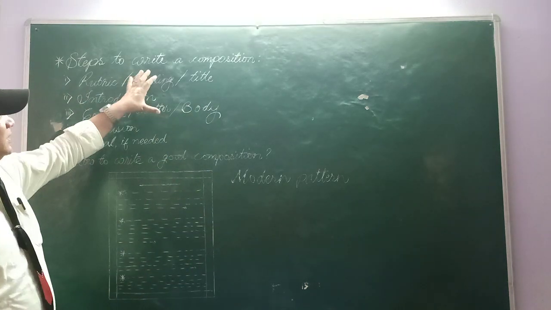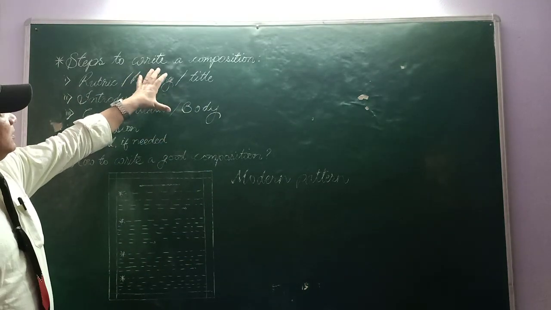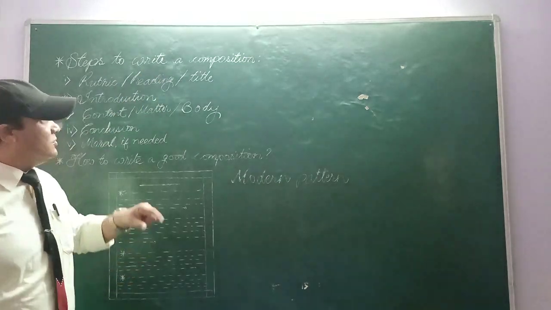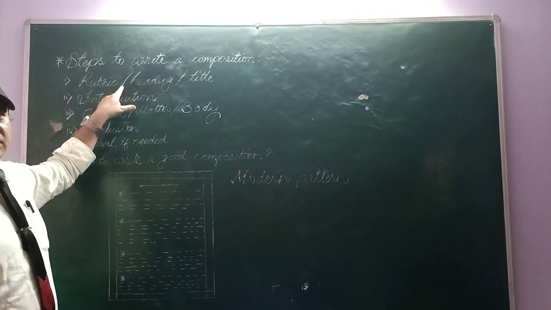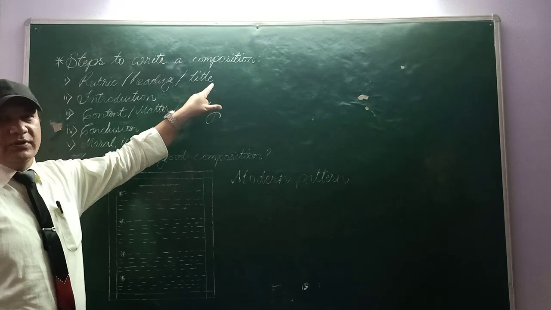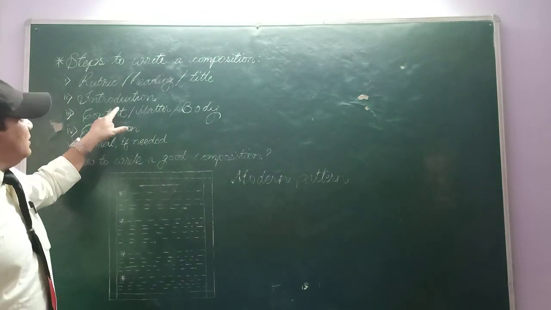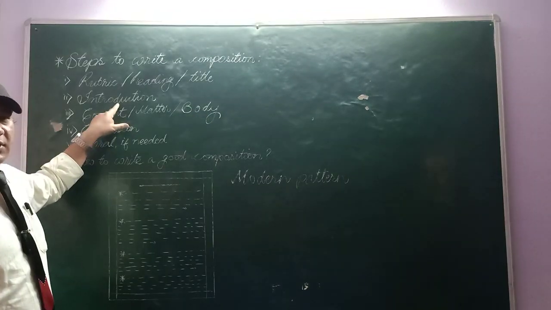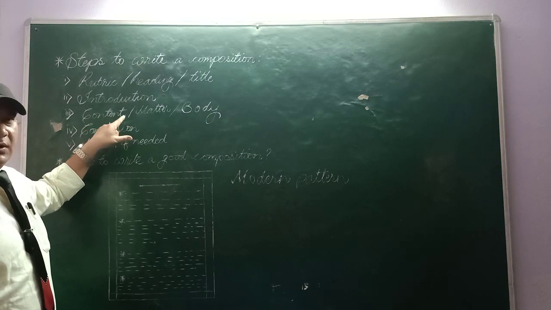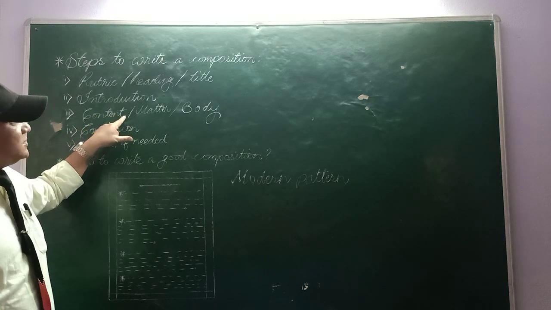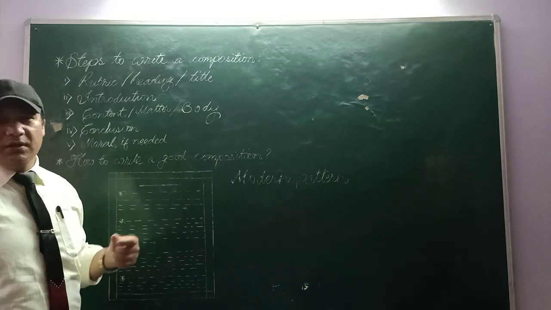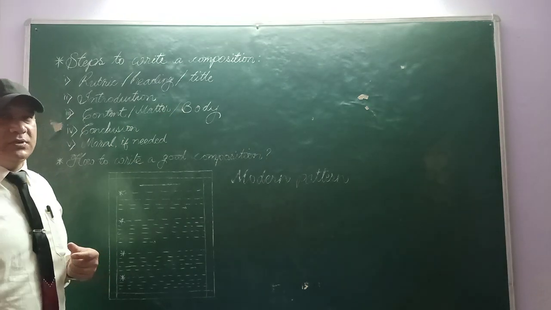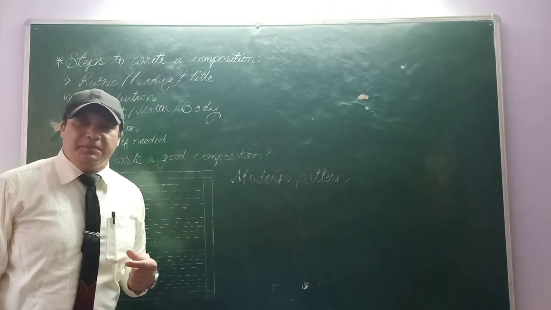So once again, we have a recap of steps to write a composition. We need to have a heading, a rubric, a title, a topic given for a composition. Then we introduce that topic in our writing, and then we have content paragraphs, or we call it the body of a composition, which is to be divided into many paragraphs.